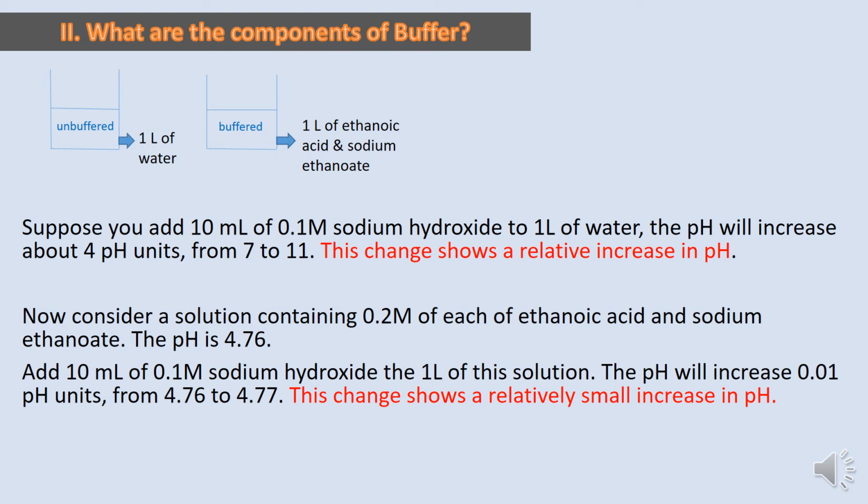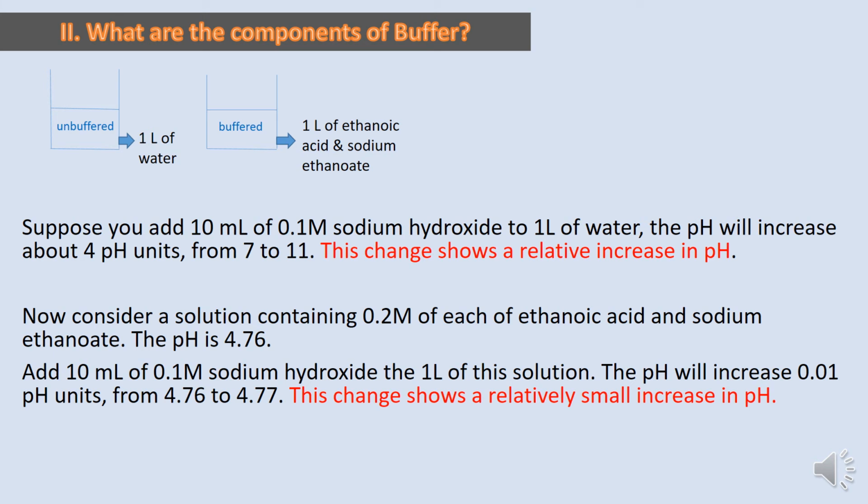This change shows a relatively high increase in pH. Now, consider a solution containing 0.2 molar of each ethanoic acid and sodium ethanoate. The pH is 4.76.